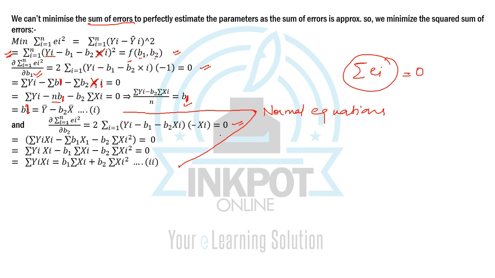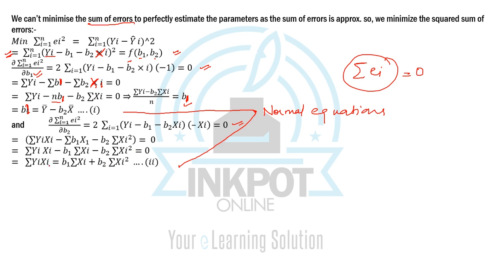Please do not do that, because this xi has to multiply with each and every term, and now we have to solve for that. After multiplying this, we'll make some changes here. We'll move this b1 out of the expression, so this will become b1 summation xi minus b2 summation xi square.